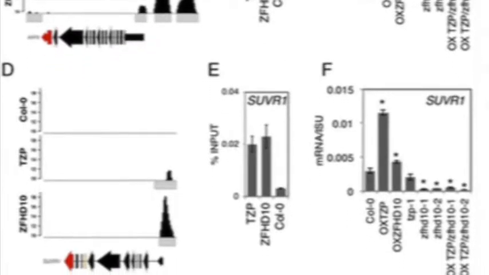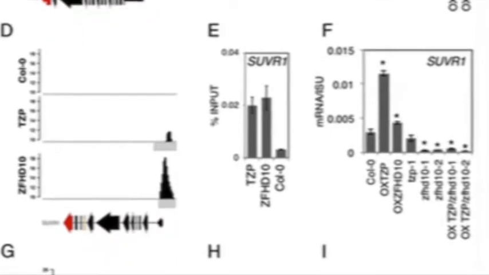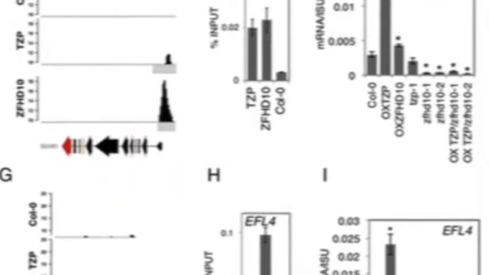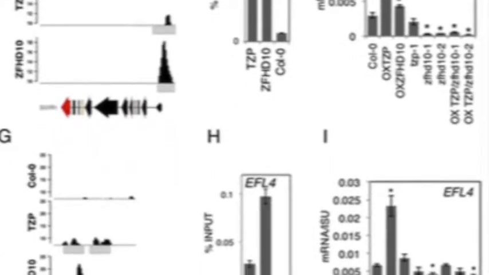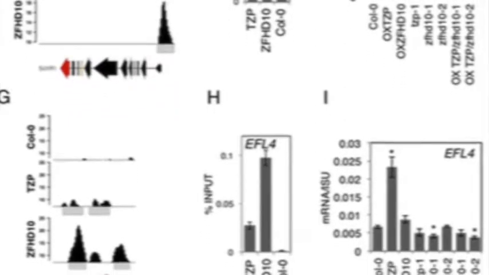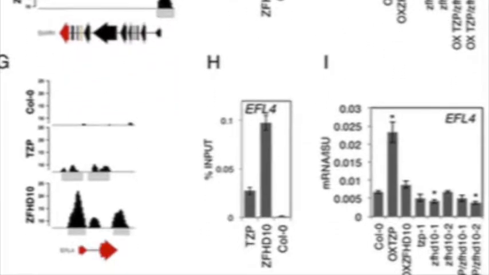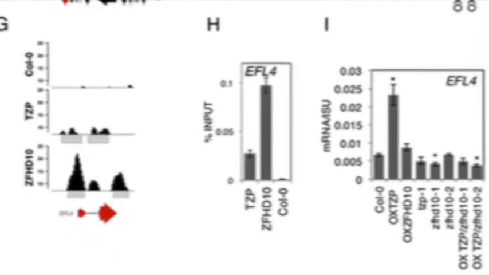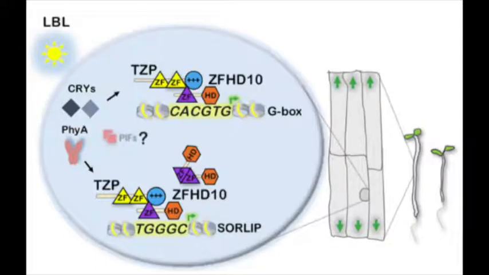And for ZINC-FINGER HT, we could see that there are some genes involved in drought response, which would make sense because other members of this family had been shown to be involved in abiotic stress. And also some of the common genes were involved in hormone responses.